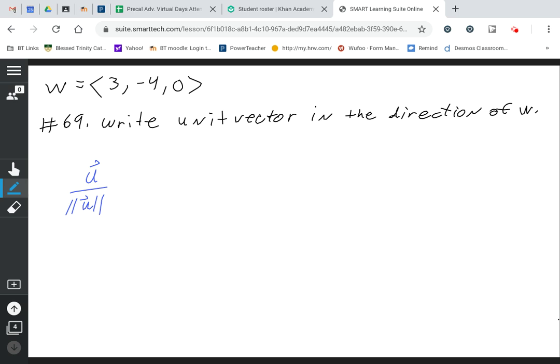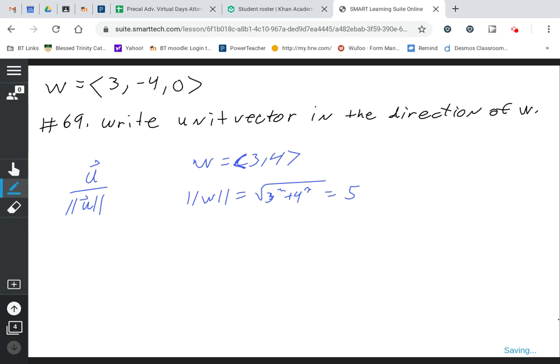Now, in all reality, this is a two-dimensional thing. It has an x and a y, but the z is 0. So this is really almost like doing the unit vector in the direction of W if W is just 3, 4. So we can find this with W. It's basically the square root of 3 squared plus 4 squared, which is basically 5, because that's the square root of 25.